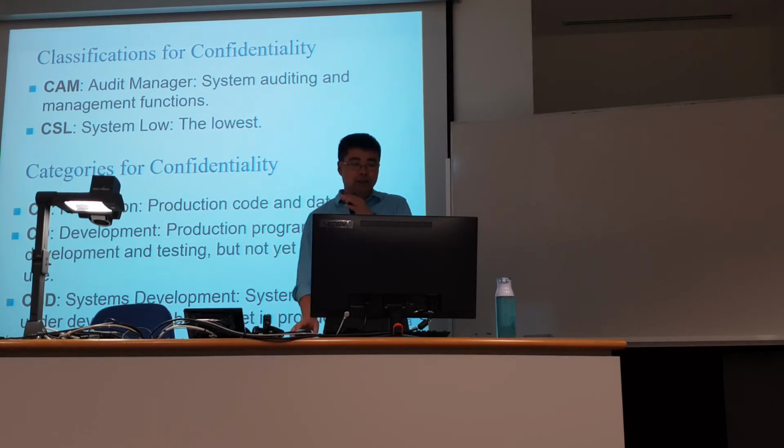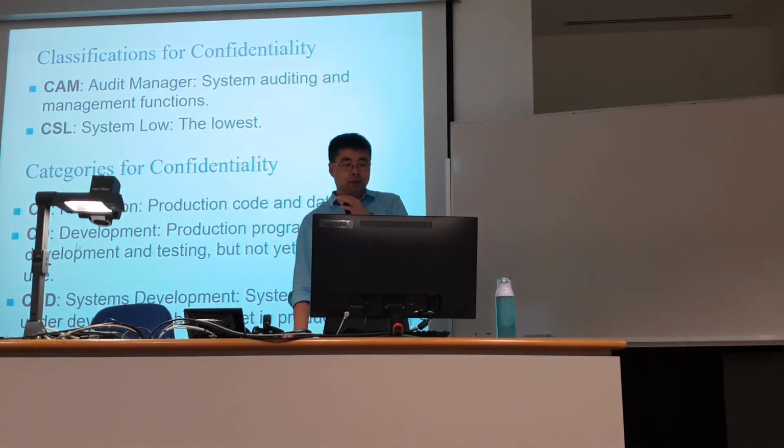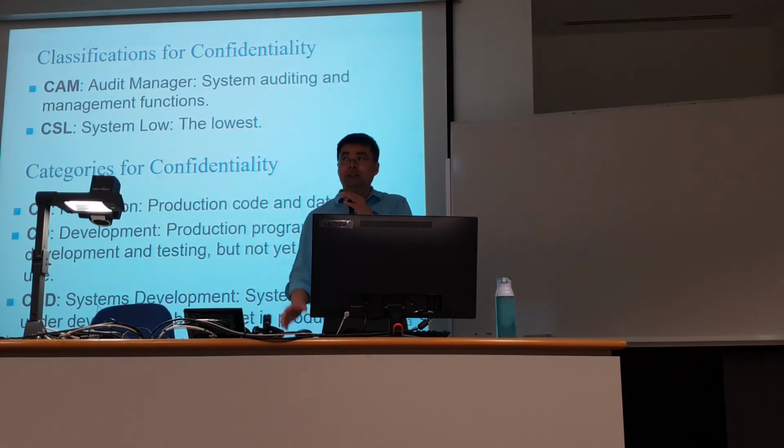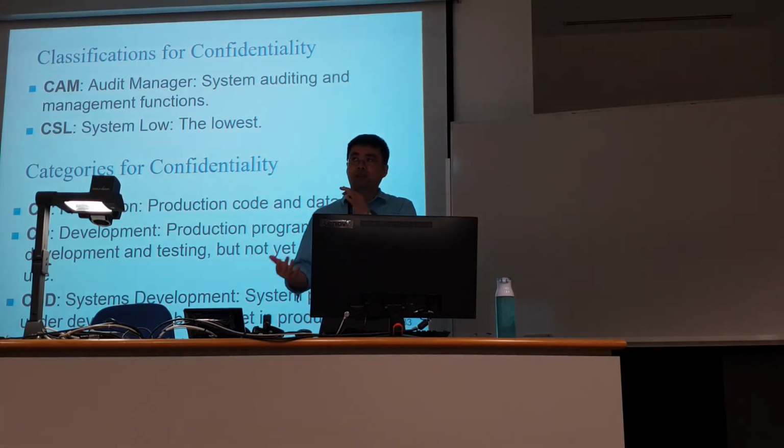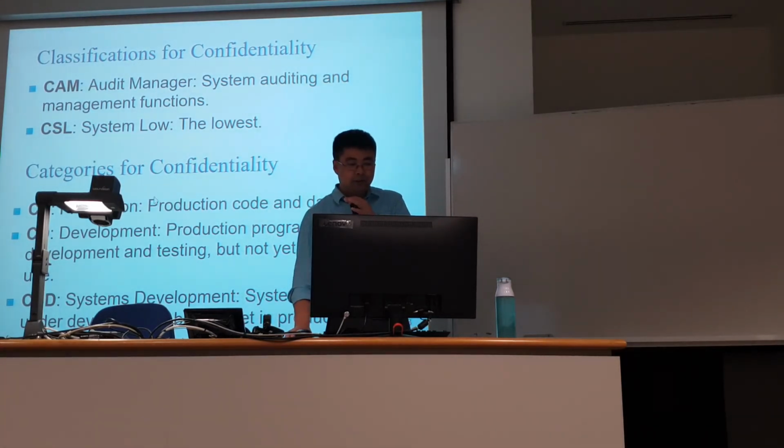So if someone can access production code, development code, and system code, then that person will dominate another person who can only access production data, for example, the end user.